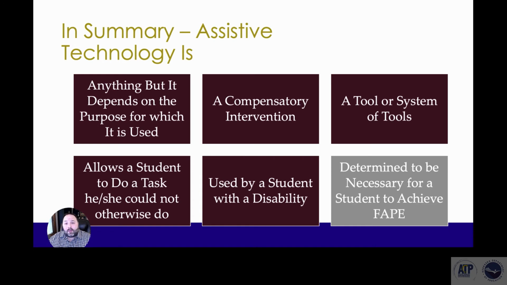So the IEP team or IFSP team needs to determine through data collection, through possible trials, through different pieces of information that assistive technology is needed. And once that determination is made, and it meets these other areas, a compensatory intervention, a single tool or a system of tools, allows a student to do something that he or she could not otherwise do. Once that determination is made, then it would be considered assistive technology.